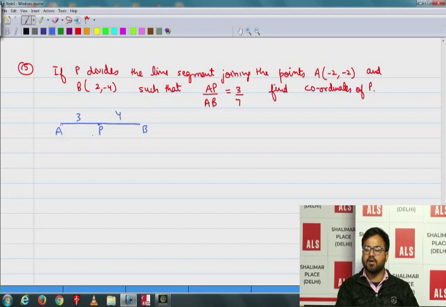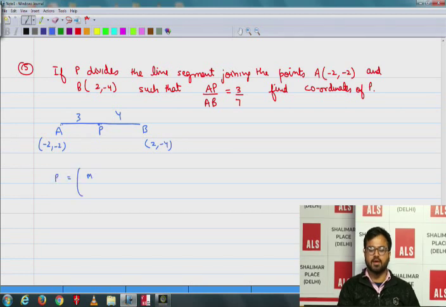So we have to find the coordinates of point P. So A is minus 2 comma minus 2 and B is 2 comma minus 4. So now we know P is given by mx2 plus nx1 over m plus n and my2 plus ny1 over m plus n.